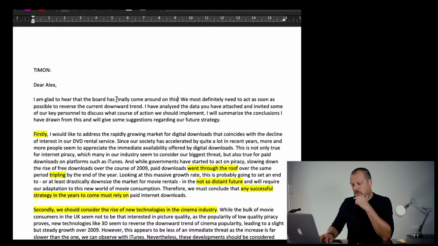I think that this works because to come around on something is a good expression, it means to sort of change your viewpoint or change your perspective. It doesn't suggest so much the board was wrong up until this point, it just suggests they had a different perspective, a different opinion. And that's what makes it seem slightly more gentle than the option we had before from Yara.